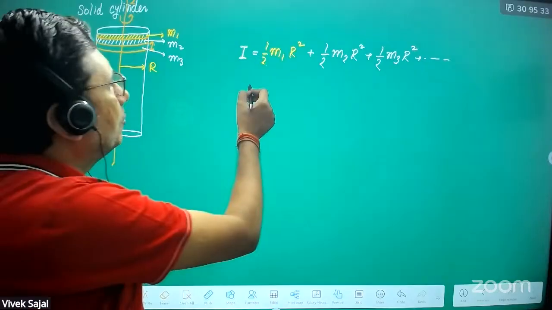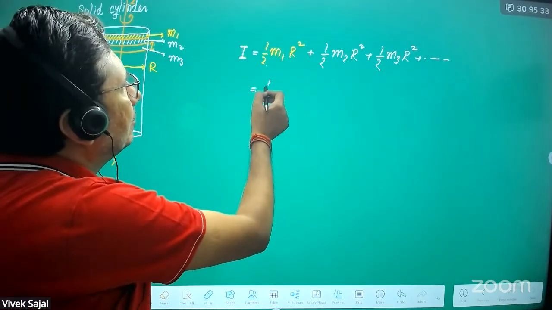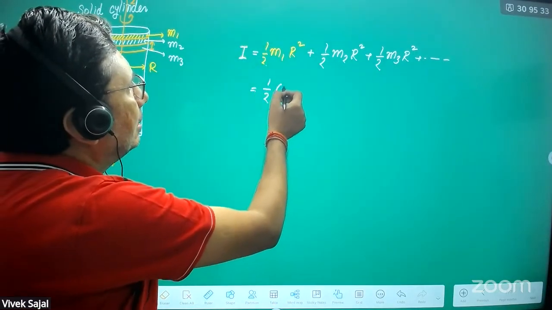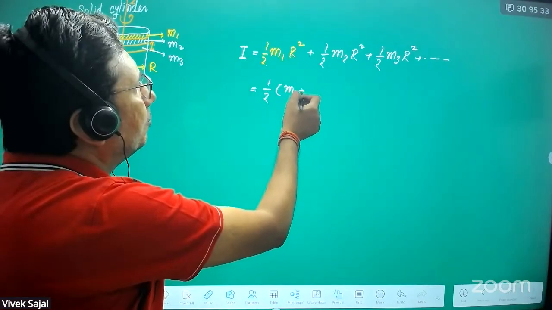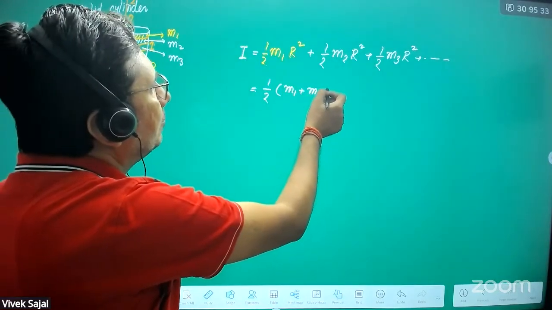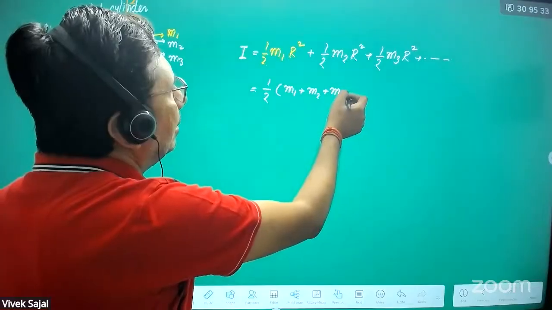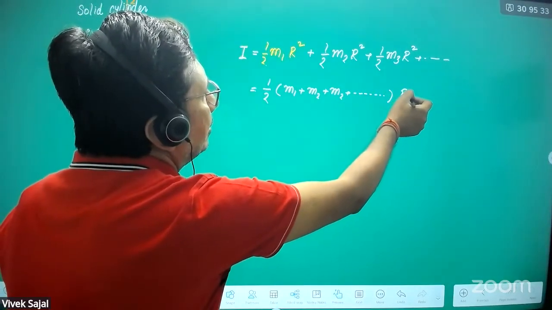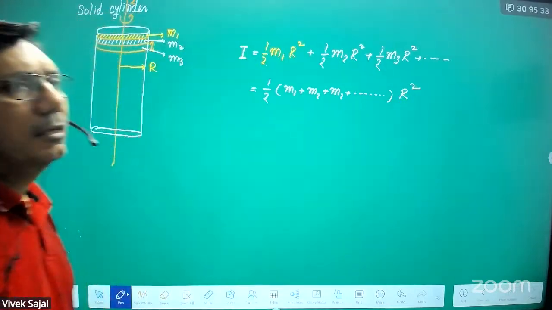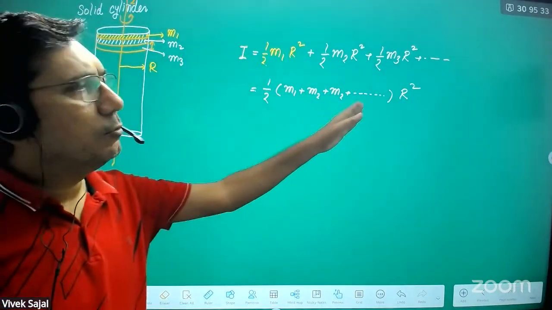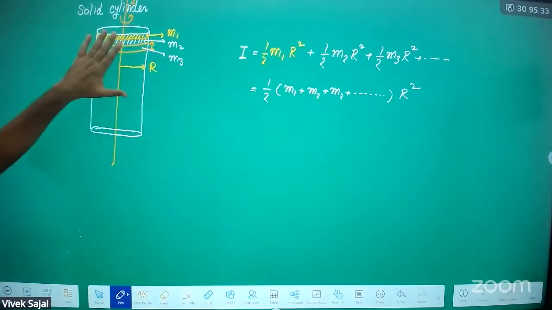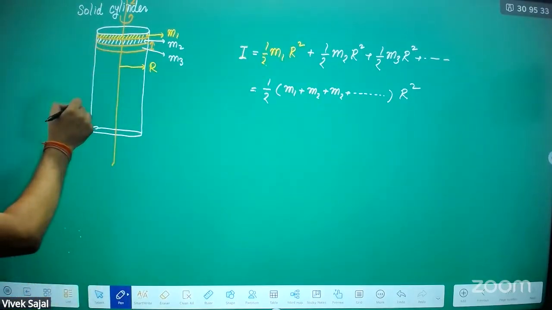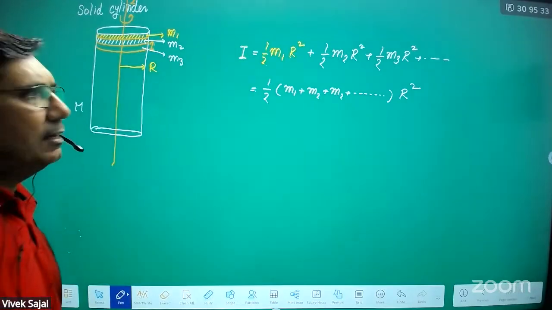Now what will be common here? 1 by 2 will be common. In the bracket it will be m1 plus m2 plus m3, and it will go for all the discs involved here, into r square. What will be this m1 plus m2 plus m3? That will be the mass of the cylinder. Suppose the mass of the cylinder is m.